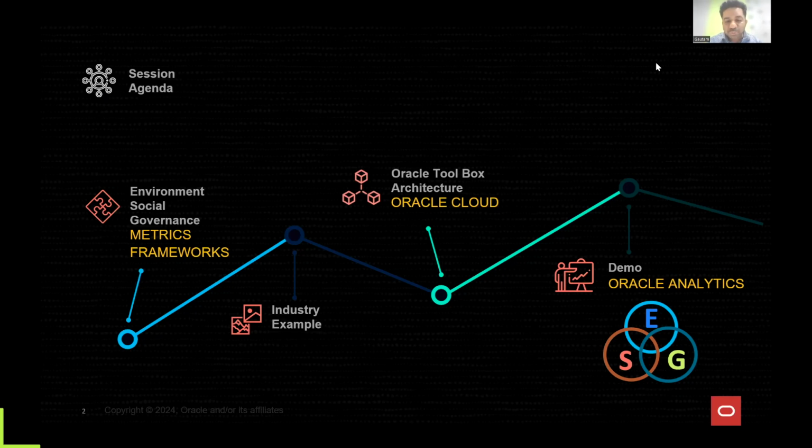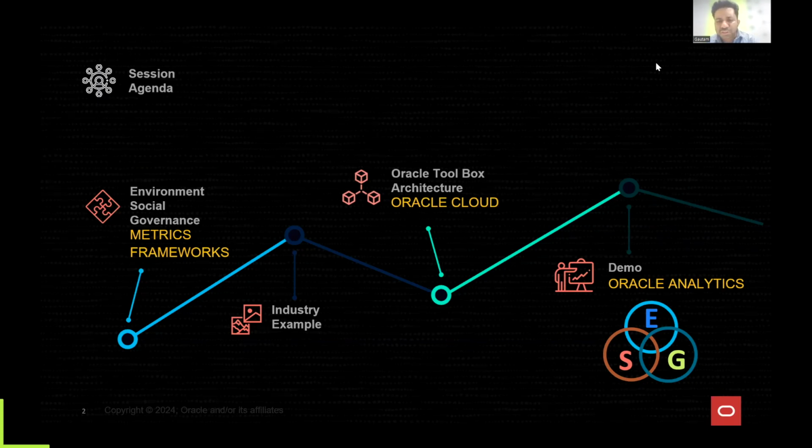Once we cover that section, we'll take a very quick look at an industry example, based on which we have framed the demo using Oracle Analytics, where we'll show you how to collect and consolidate the data from the three separate models within the framework, which form the E for environmental, S for social, and G for governance side of it.